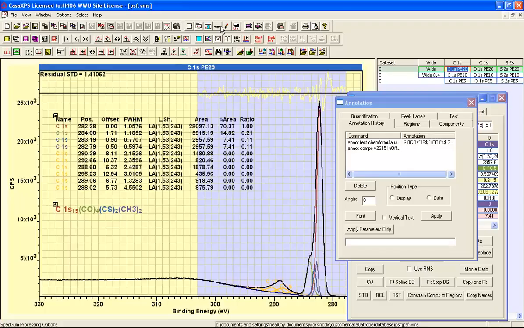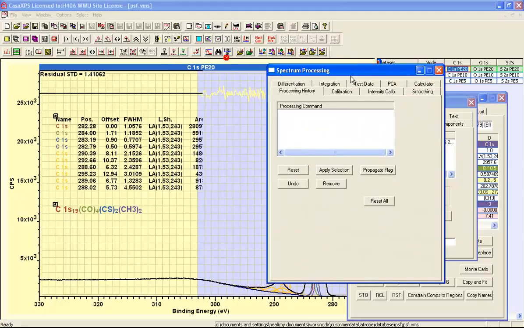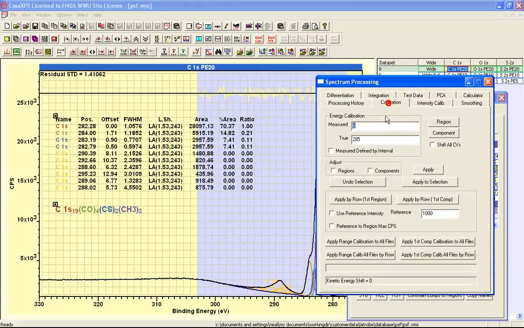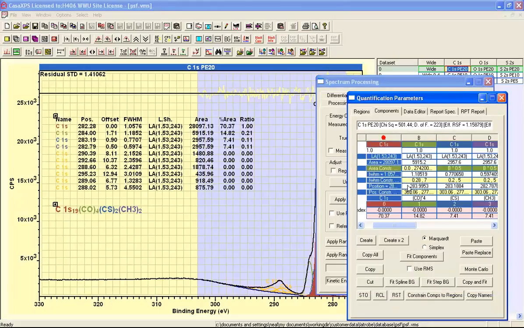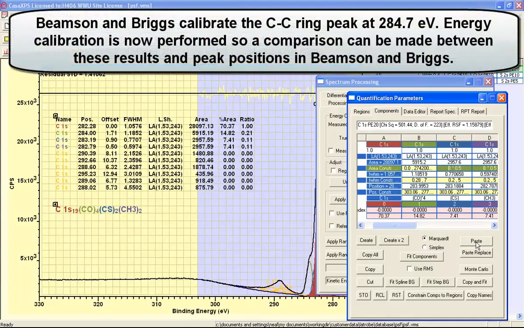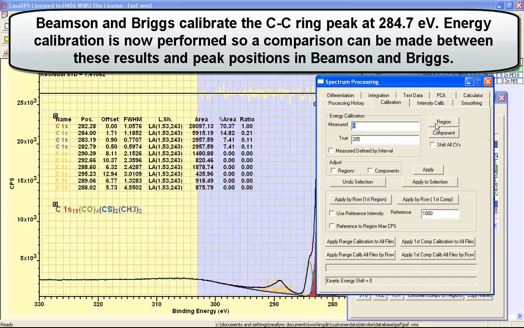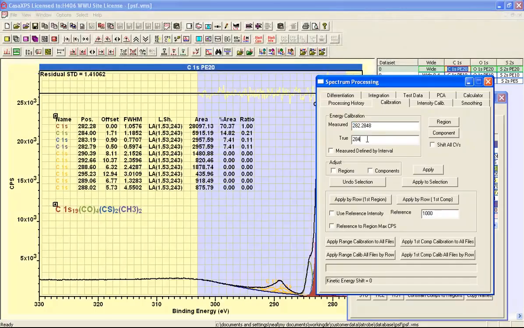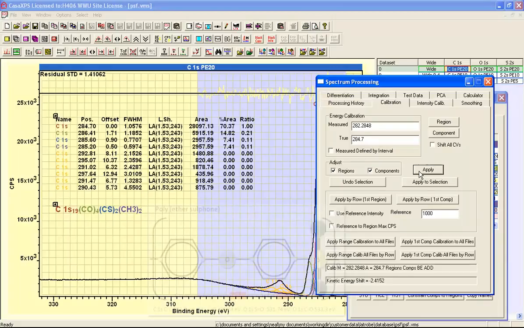So let's do a calibration, and we'll do it based on the energies that are assigned by Beamson and Briggs for an ether sulfone. So first of all, I've selected that carbon, that's the main carbon. I'll bring in its position, and the position in Beamson and Briggs is 284.7, and we need to shift region components and press apply.